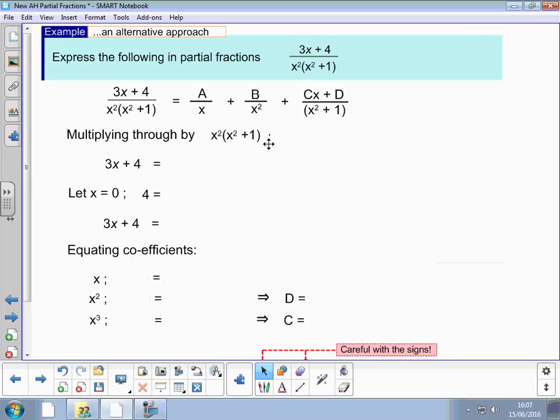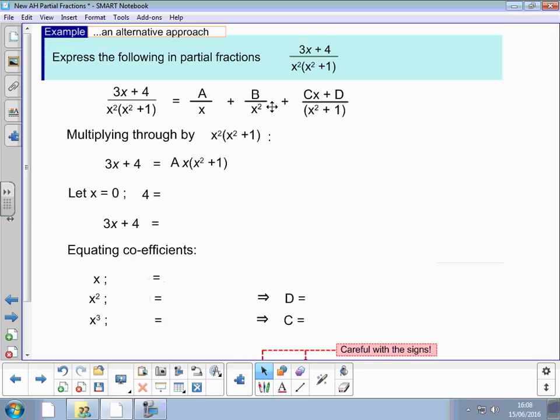As before, we start off by multiplying through by the denominator, x squared times x squared plus 1. So when we do that, on the left-hand side, multiplying through by the denominator, of course, just gets rid of this denominator, leaving us 3x plus 4. And then dealing with the a term next, if we multiply this bit through by this denominator, this x on the bottom is going to cancel out one of the x squared at the beginning, so we're left with a times x squared plus 1 in brackets.